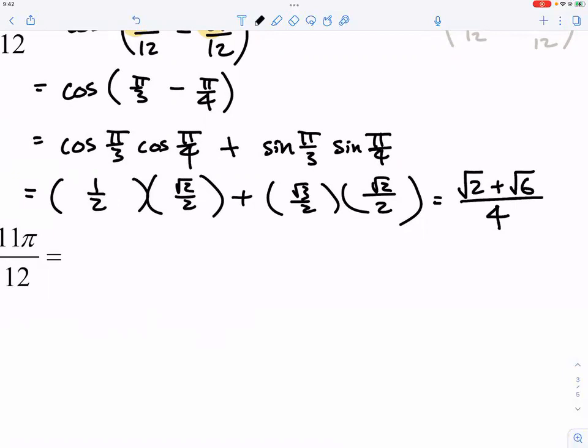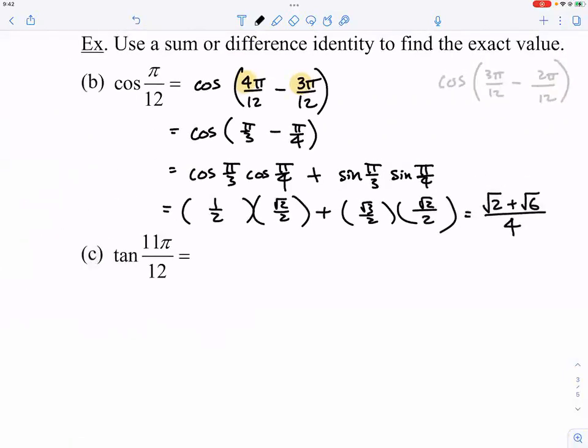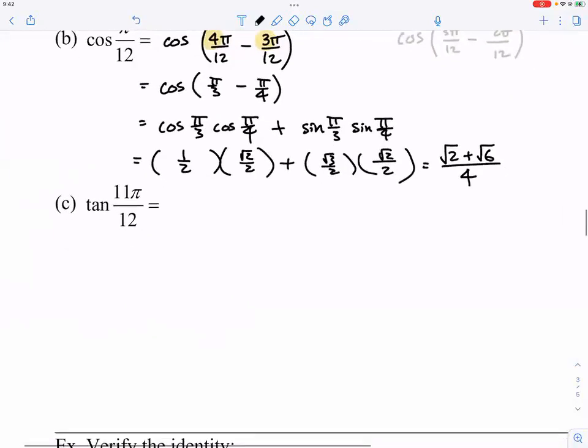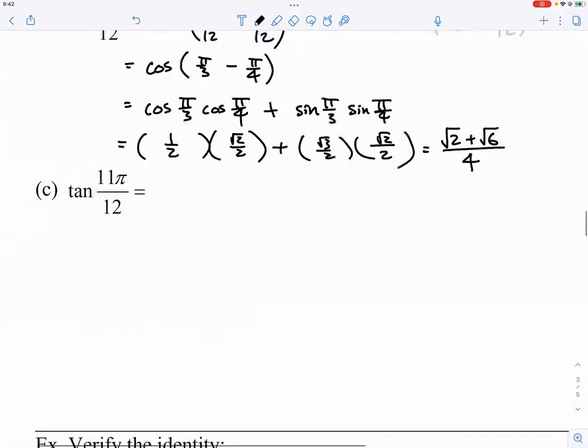Done. So I would tell you that if you have, what do you have here? If you have sine and cosine, it's very user friendly. But if you have tangent, then you have to embrace the challenge for tangent.